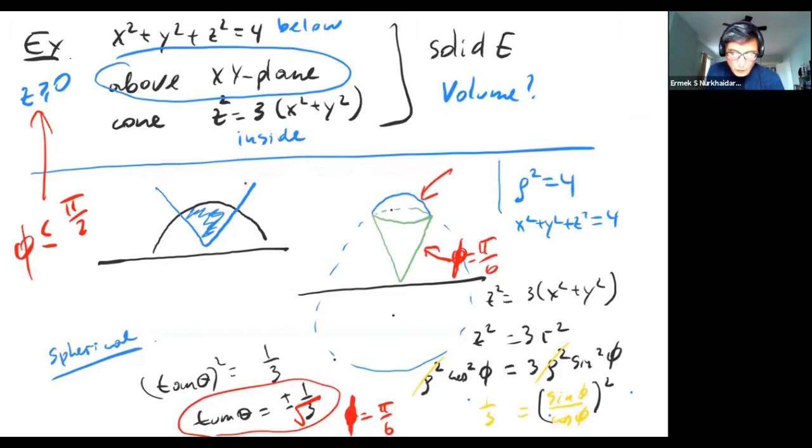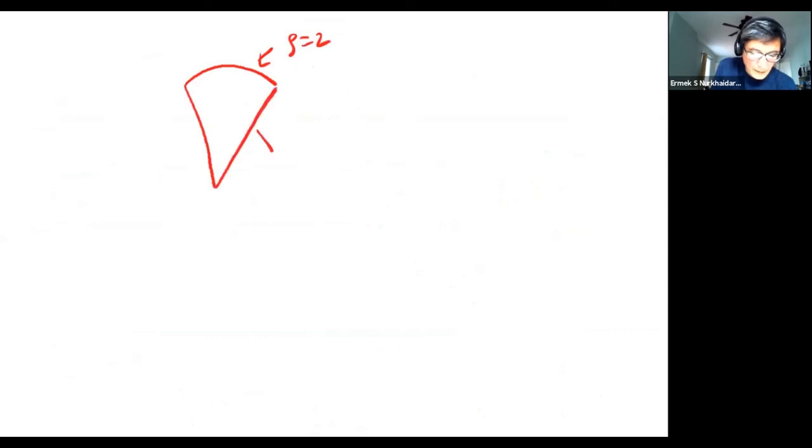The equation on top is rho squared equals 4, so rho equals 2. And we are ready to set up our integral. Again, the equation on top is rho equals 2, and the equation of the cone is phi equals pi over 6.